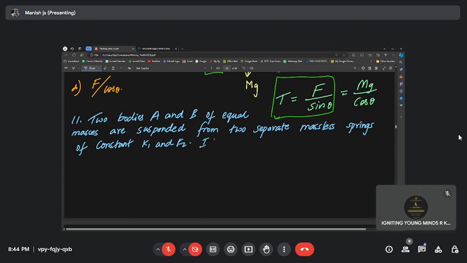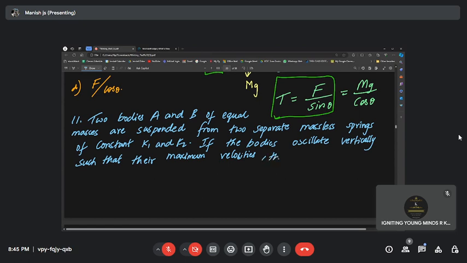If the bodies oscillate vertically such that their maximum velocities are equal, the ratio of amplitude of A to that of B is. I'll give you the options.